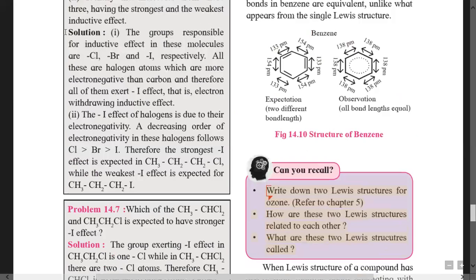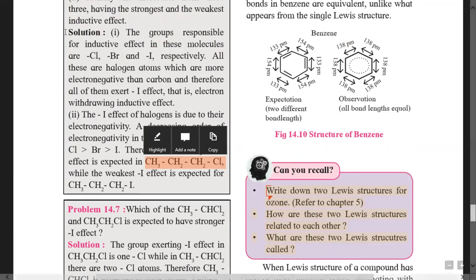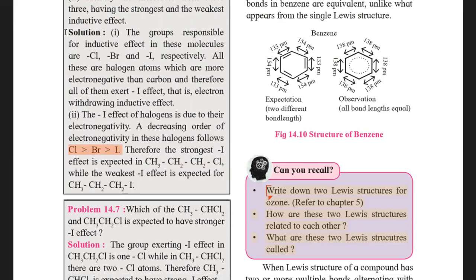So here in this example, CH3, CH2, CH2, Cl, the chlorine shows minus I effect. Instead of chlorine, if bromine or iodine is present, they also show minus I effect.